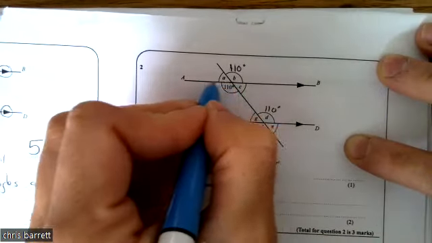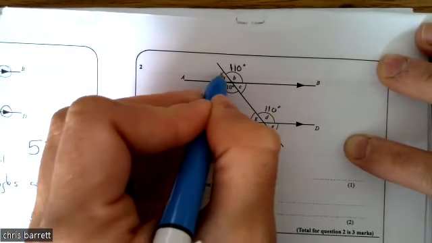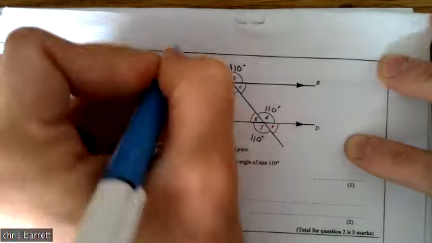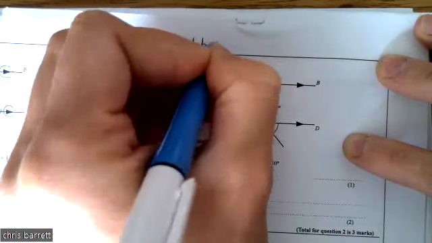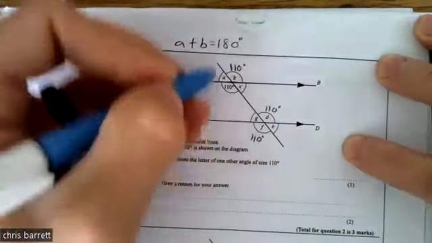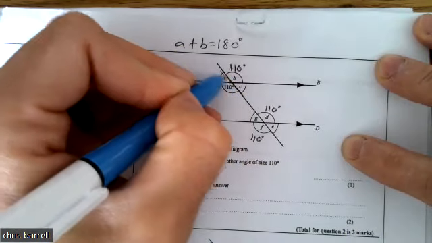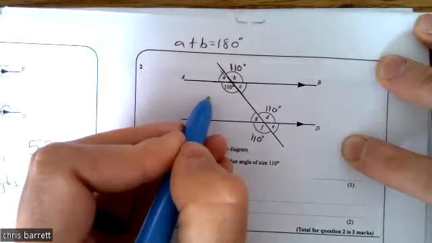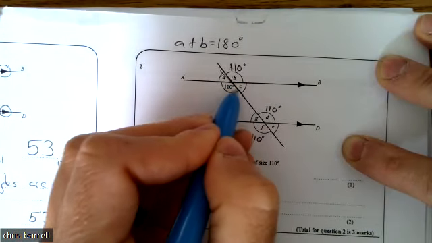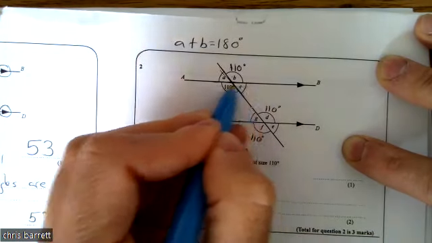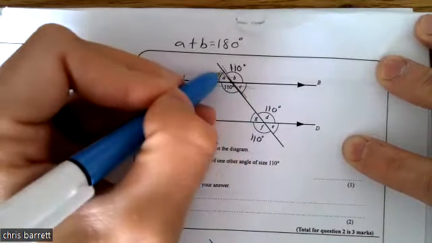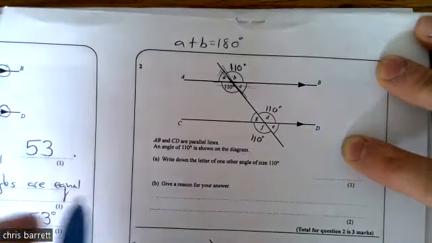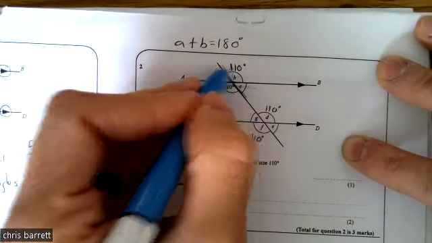What I also know is that because this is a straight line, A add B is equal to 180 degrees. But also this is a straight line as well. So B add C is a straight line angle. 110 add C is a straight line angle. So we've got again a straight line and a straight line this side. So we've got other bits of knowledge that we can then use.